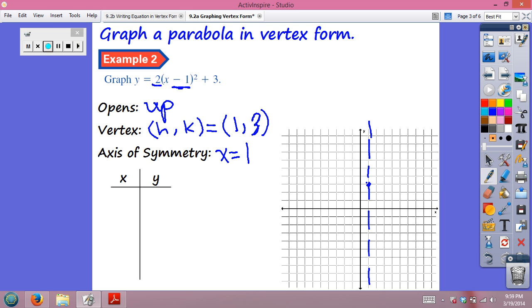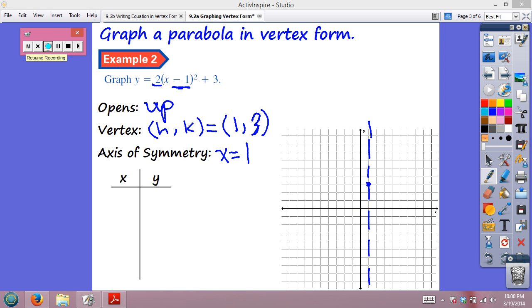And the next thing we're going to do is plot a new point. So we know that we're already on the line x equals 1. So we can pick 0, we can pick 2, we can pick negative 1, we can pick positive 3. Any of those will work to plot our new points.